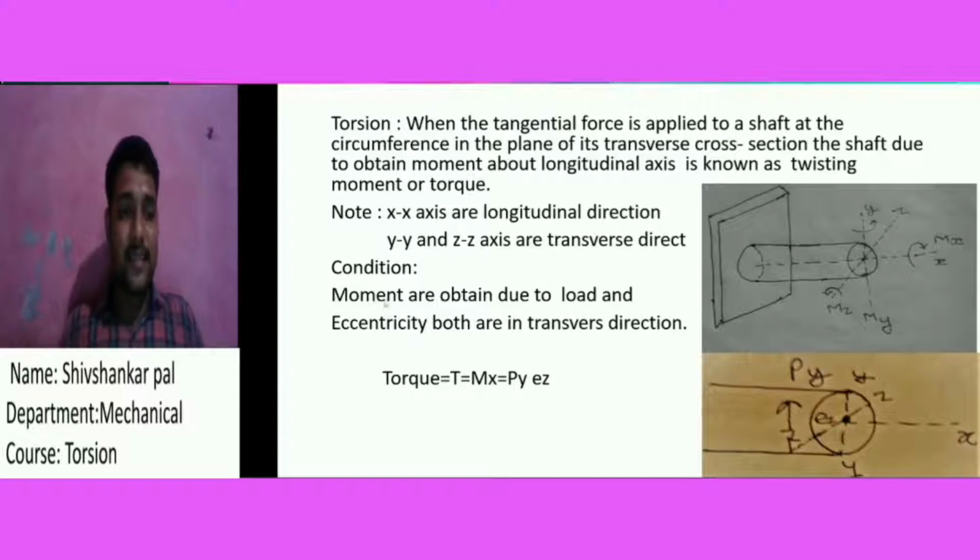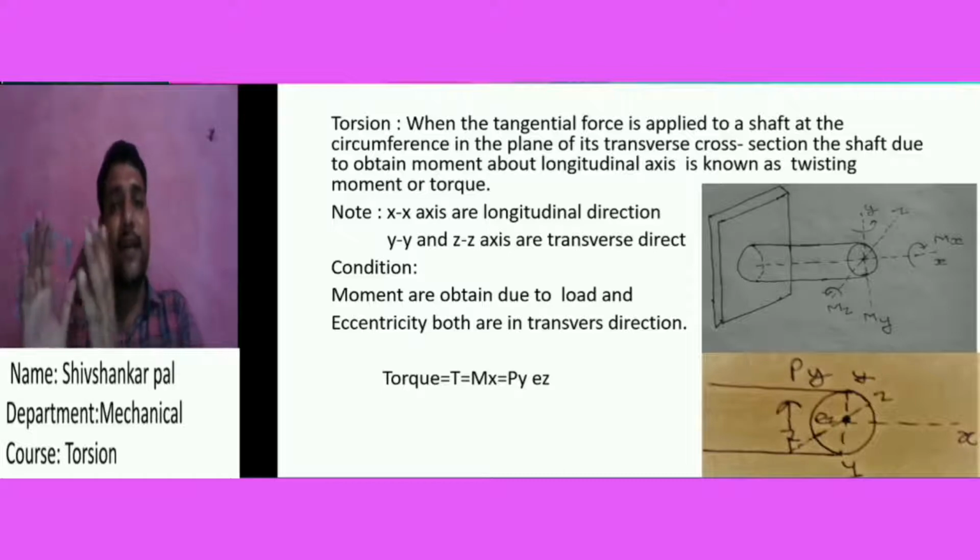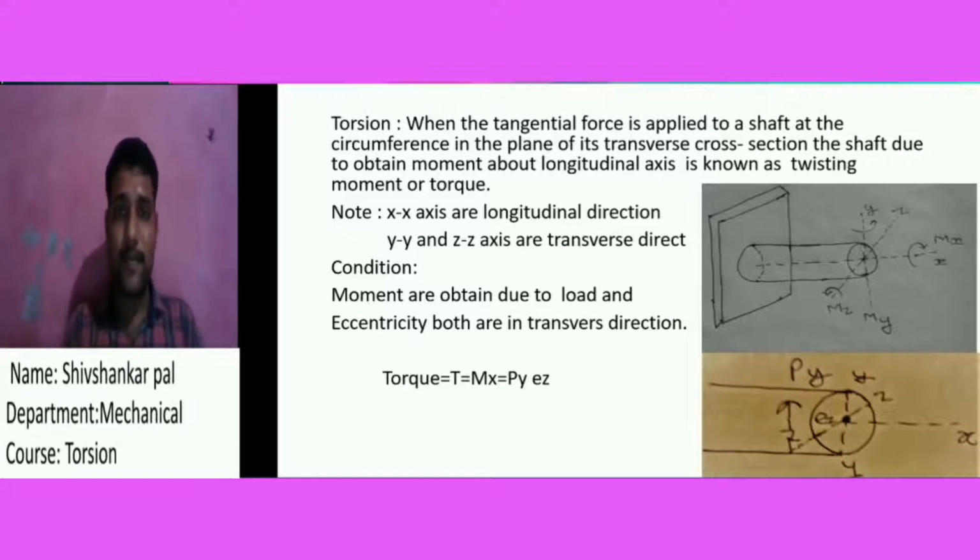That condition is that the moment is obtained due to a load and an eccentricity, both in the transverse direction. A moment means force into perpendicular distance, so our moment depends upon only two parameters: one is the load, the second is the perpendicular distance. But here the perpendicular distance is replaced by the eccentricity.